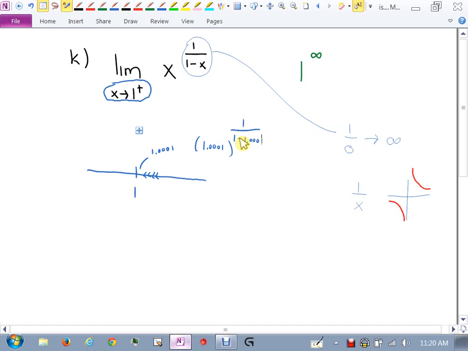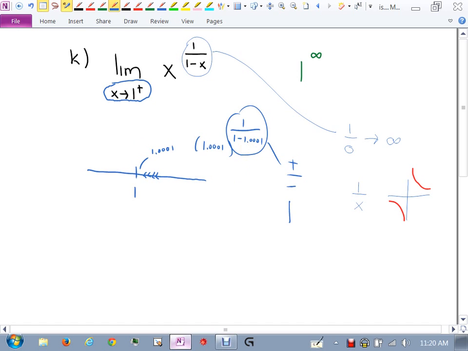1 divided by this is a very small negative number, which means this is approaching a very large negative number. Do you agree with that? This is a positive divided by a negative, so it's a negative number. But because the bottom's getting small, it's getting huge.